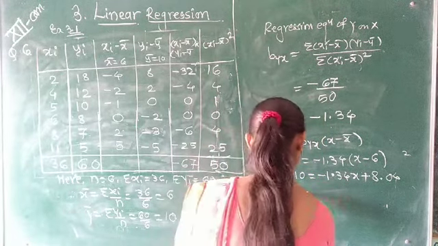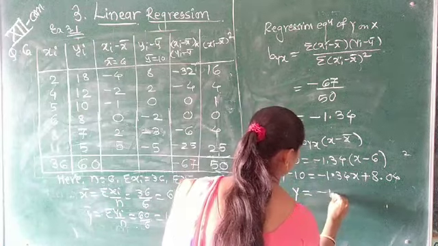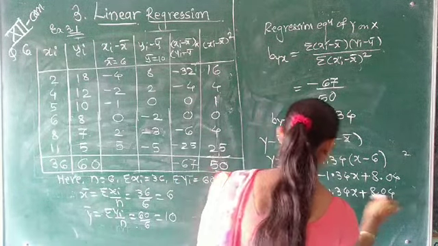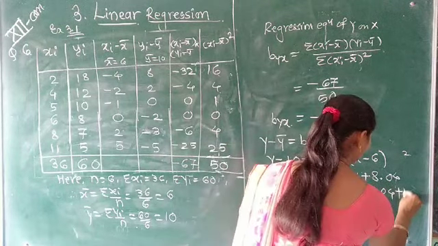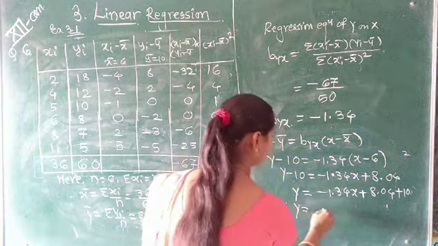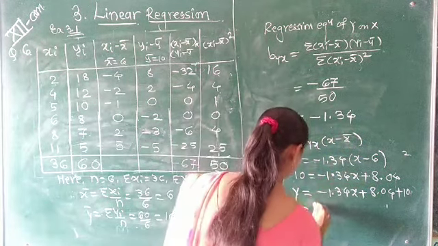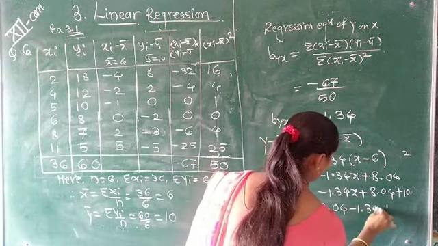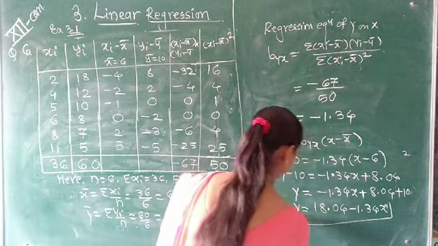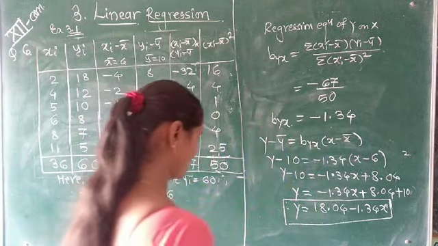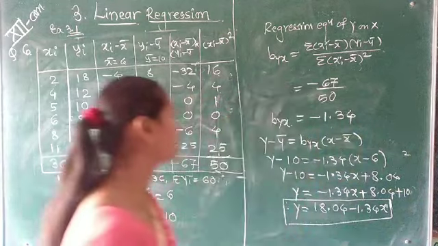Therefore y is equal to minus 1.34x plus 8.04, and the minus 10 on this side becomes plus 10. Therefore y is equal to 18.04 minus 1.34x, which is the regression equation of y on x.